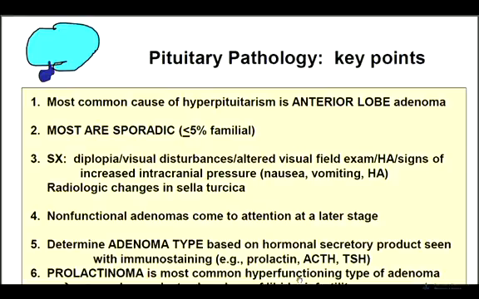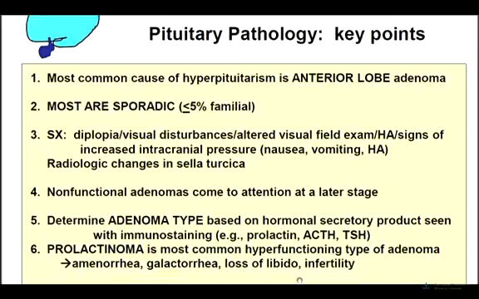Key points. The most common cause of hyperpituitarism is anterior lobe adenoma. Most are sporadic. As with many of the diseases we use as examples, very few are actually familial. Symptoms we discussed: diplopia, altered visual field, headache, nausea, vomiting, etc. Changes radiologically in the sella turcica.